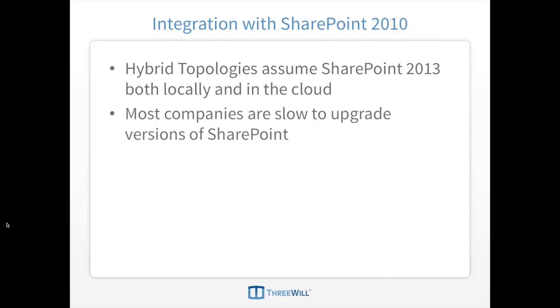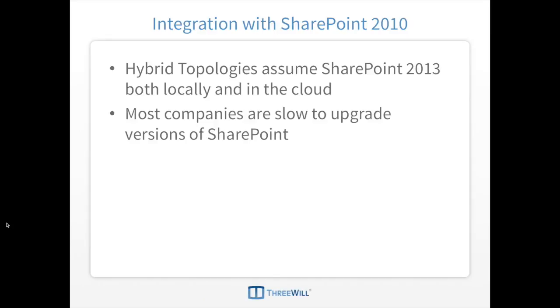You know, let's face it, if you've worked in the SharePoint community, you know that there's a lot of drag when it comes to going from one version to another. And that's not necessarily saying anything negative about the software or the customer. It's just a big piece of software, and it's a non-trivial task to upgrade it. So in that case, we're going to have to think about how to integrate those two.